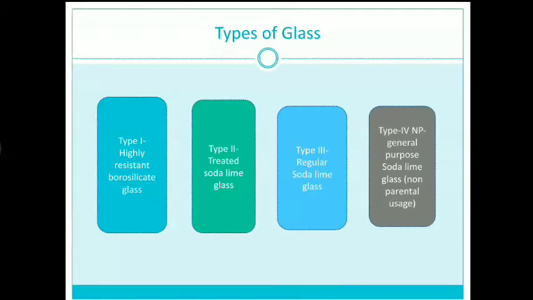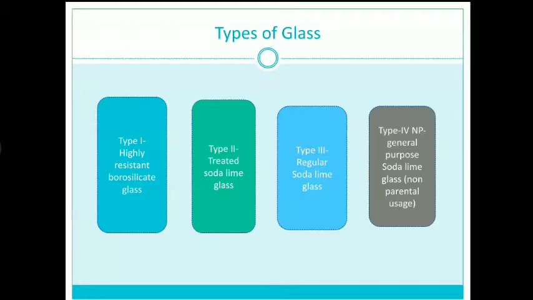Then the second type, that is type 2. It is also called treated soda lime glass, or synonymously soda lime silica glass or dealkalized soda lime glass. This is the modified type of a type 3 glass container with high hydrolytic resistance.